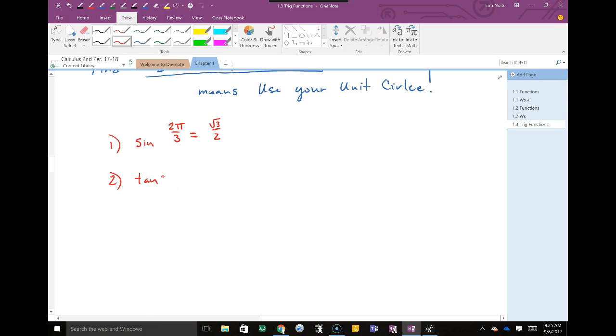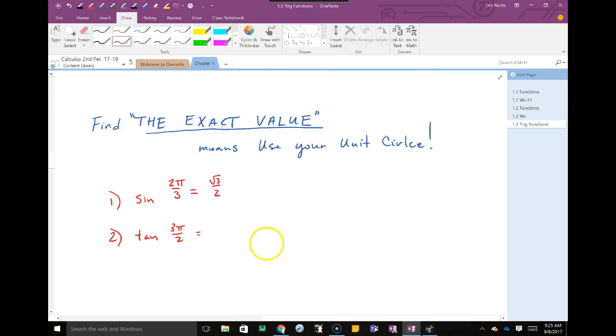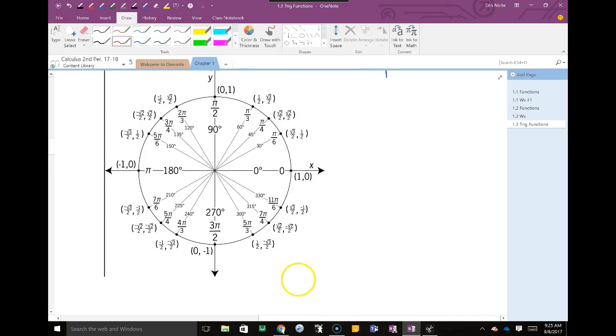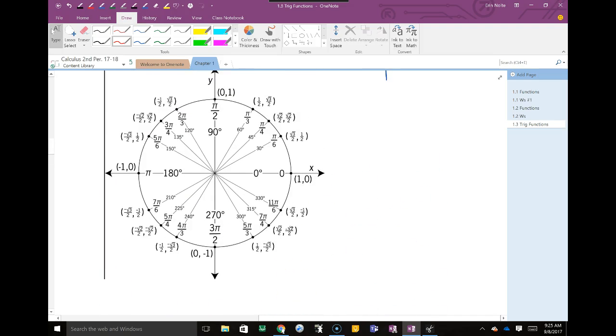Tangent of 3 pi over 2. What is the tangent of 3 pi over 2? Did you find 3 pi over 2?